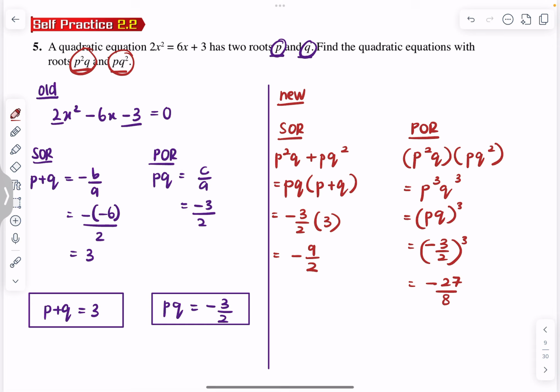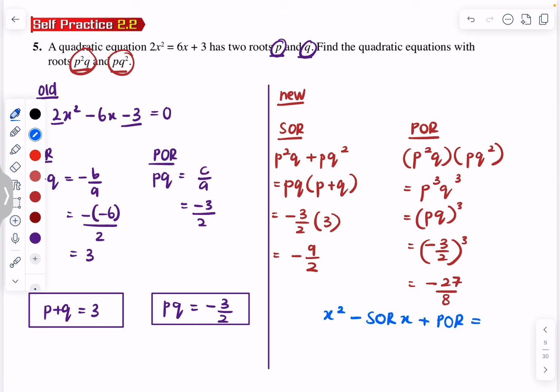Okay. Now we need to make our new equation. So we have the new sum of roots and the new product of roots. So our general equation is x squared minus sum of roots x plus product of roots is 0. This is our general equation.